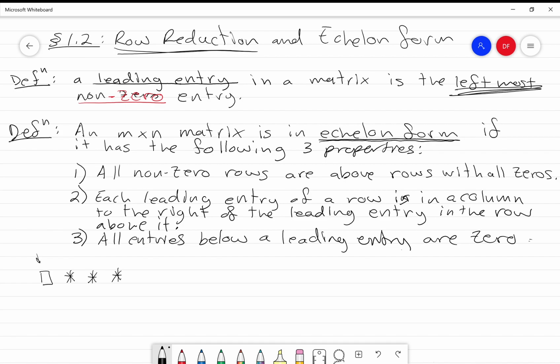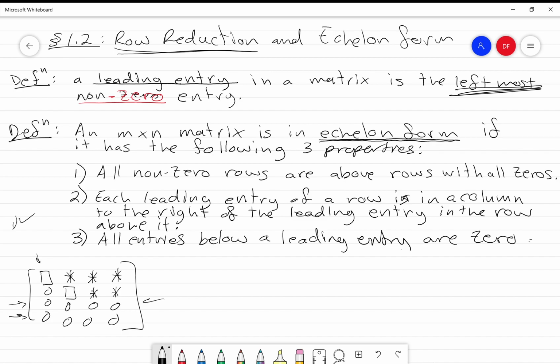And then everything below this leading entry needs to be 0. So 0, 0, 0. And let's say I have a leading entry here. So everything below this needs to be a 0. And then these two don't even have to have leading entries. You see, no leading entry, no leading entry. But condition 1 is met.